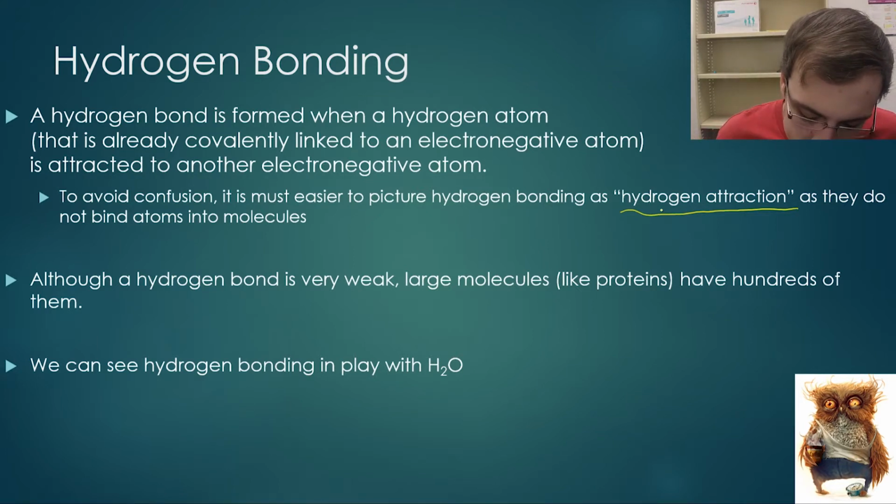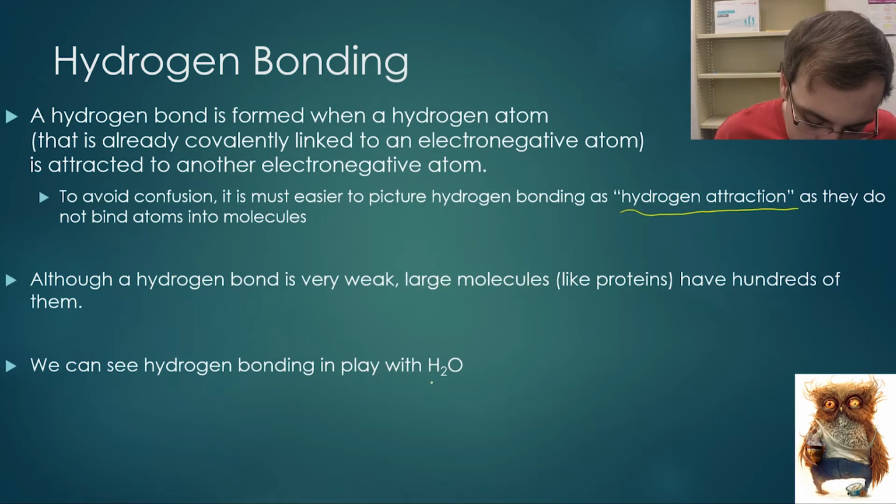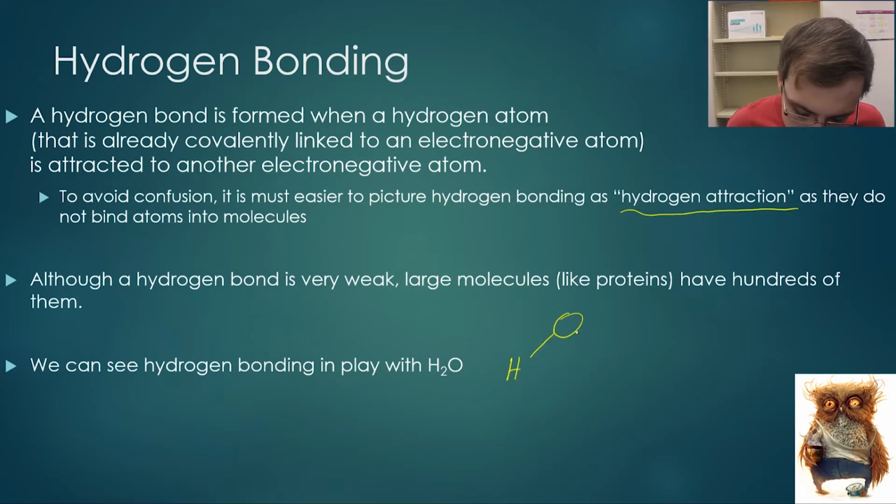A good example of where we see hydrogen bonding in play is when we look at water. In our previous video, we looked a lot at polarity, at dipoles, at all sorts of stuff like that. So we know from our previous video that oxygen is delta negative and hydrogen is delta positive.